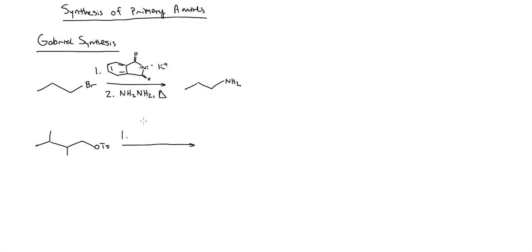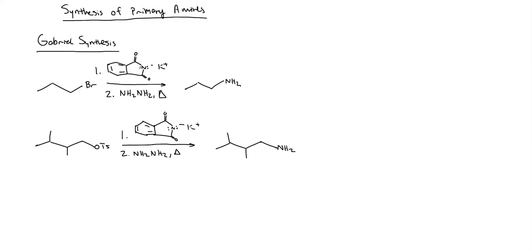So if I start off with that tosylate and again put this through with the same materials as last time, so my phthalimide anion followed by hydrazine with heat, then that's going to give me the primary amine. So this always forms primary amines.